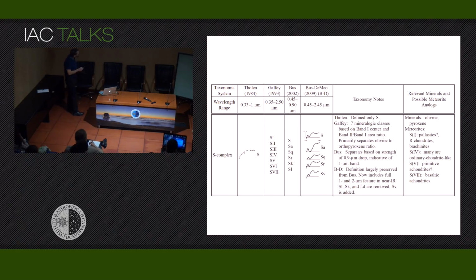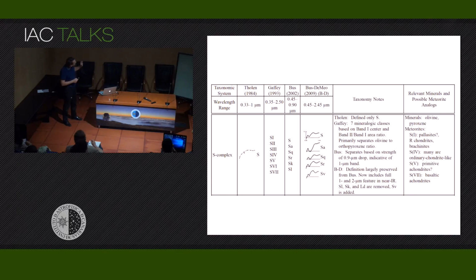Bus-DeMeo, there's the 1-2 micron feature in near infrared, and then there was something removed and added. So what are the relevant minerals? And these are the basic most important minerals, olivine and pyroxene.